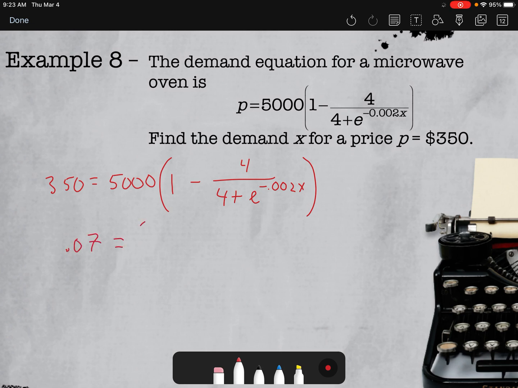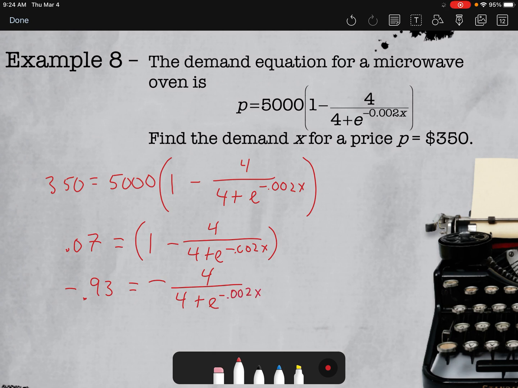And that's 0.07. That leaves me with 1 minus 4 over 4 plus e to the negative 0.002x. Looks like we need to subtract 1. Wouldn't that be negative 0.93? Yep, negative 0.93. And then that would leave me with negative 4 over 4 plus e to the negative 0.002x. Negative signs would cancel out.